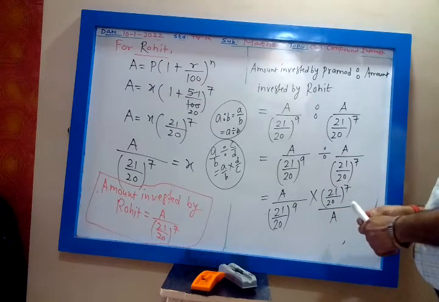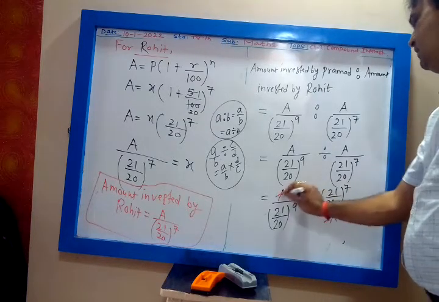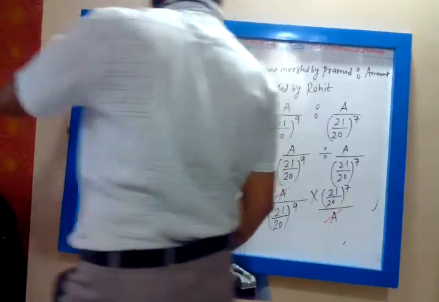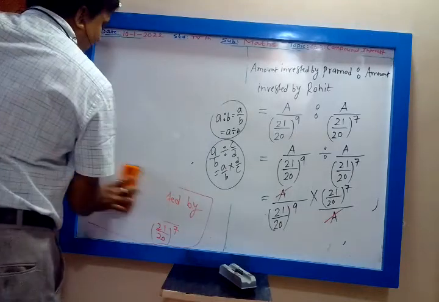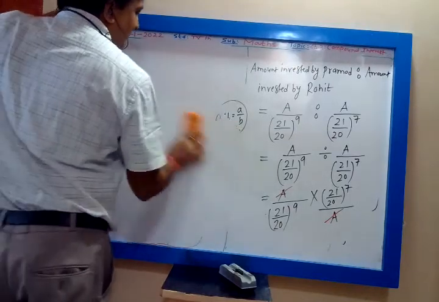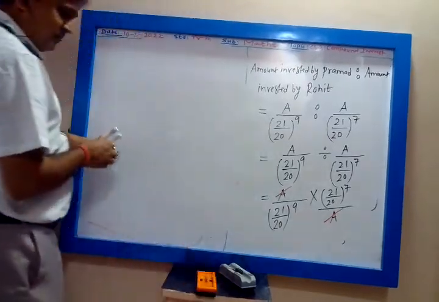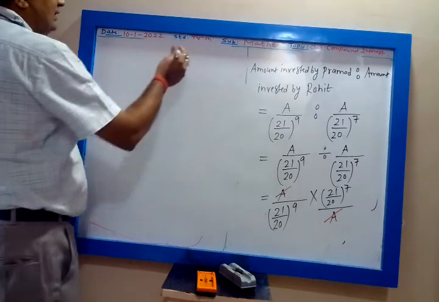Now A gets cancelled. Raised to minus 2. Or you can write, there are various rules, my dear. See here.